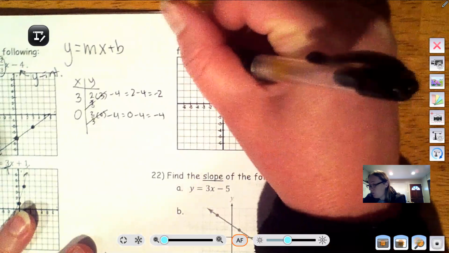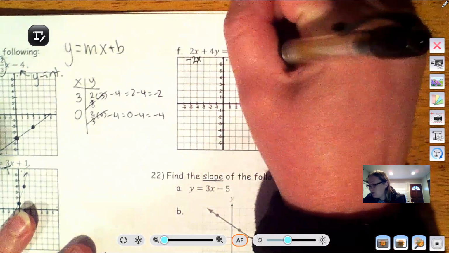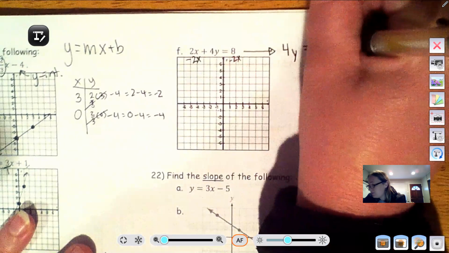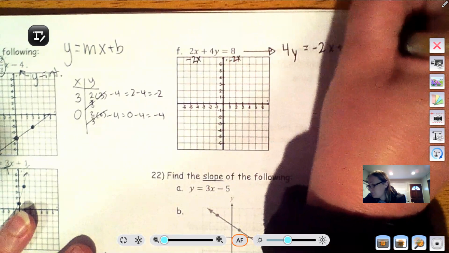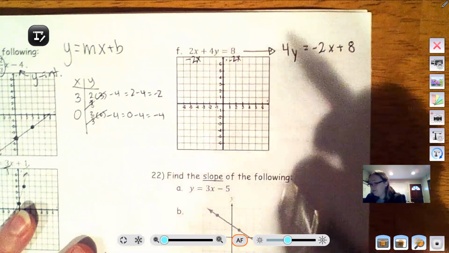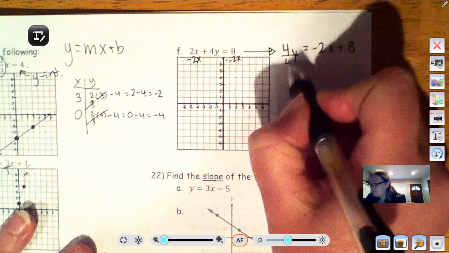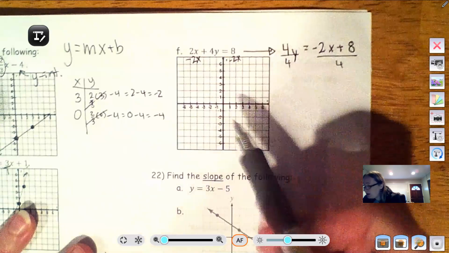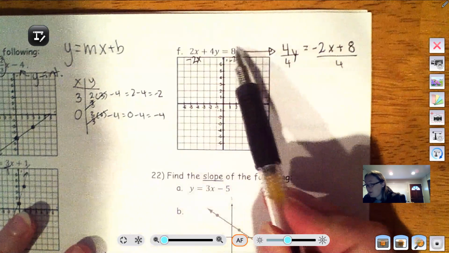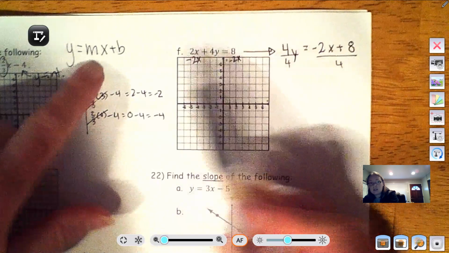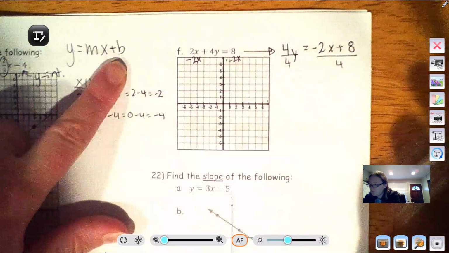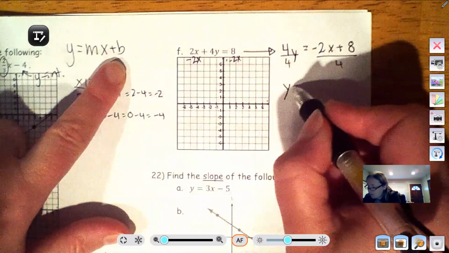So let's get the y by itself. And then we're going to divide by 4. What you noticed here, like I was mentioning earlier, is I put it in standard form. I put the x term first, then the constant, because I want the x term first and then the constant for it to be in slope intercept form.